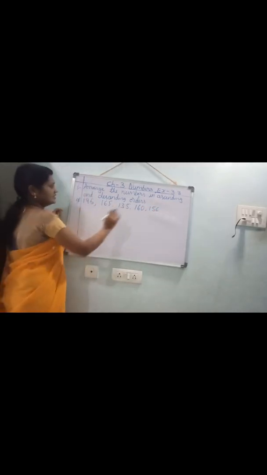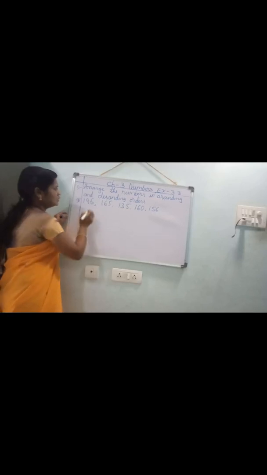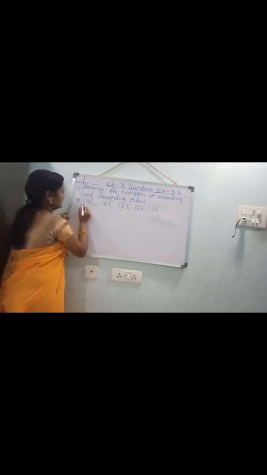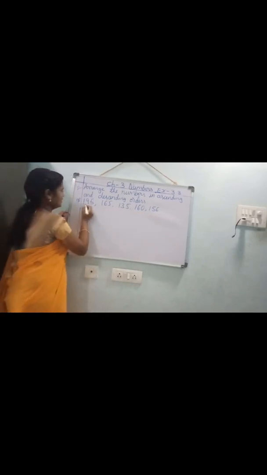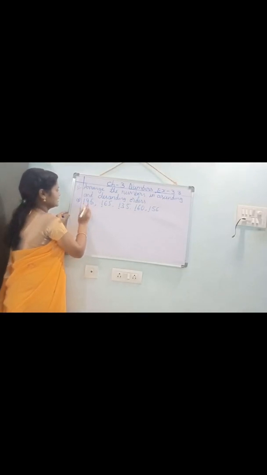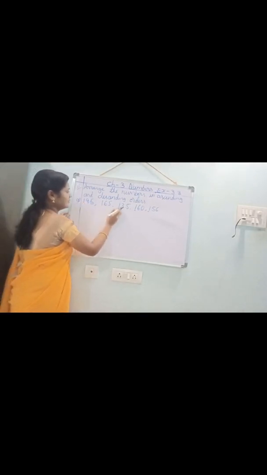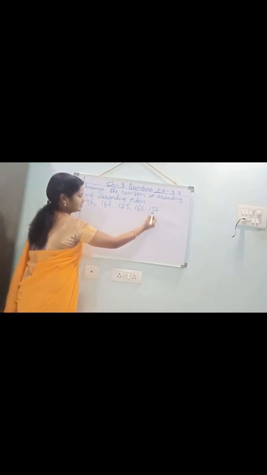see, in these numbers, which one is the smallest number? Tell me, children. We should check the numbers. See, hundreds place. All hundreds are the same here. Check now the tens place. See, here 9, here 6, here 3, here 6, here 5.